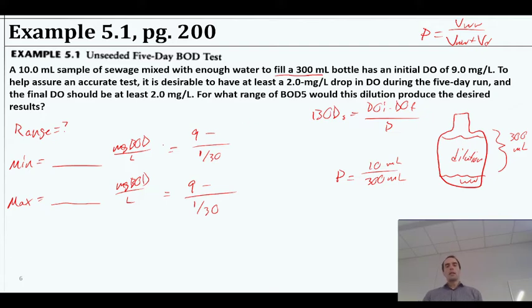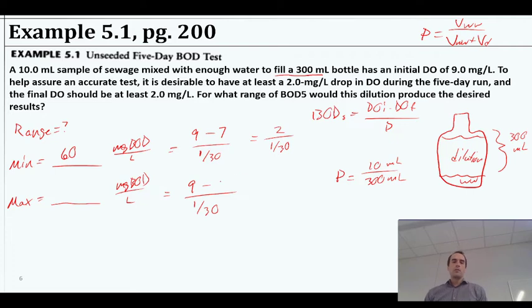In the minimum case, we had to have at least a drop of 2, so we could either say that is just a drop of 2 over 1 over 30, or we could calculate back and say, well, 9 minus that minimum drop of 2 should be 7, right? So that would be the minimum case. That gives us 2 divided by 1 over 30, which is 2 times 30, which is 60. So minimum then should be 60 milligrams per liter of BOD.